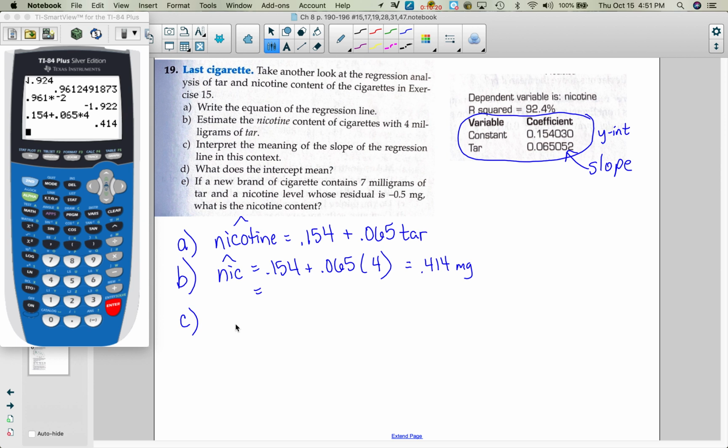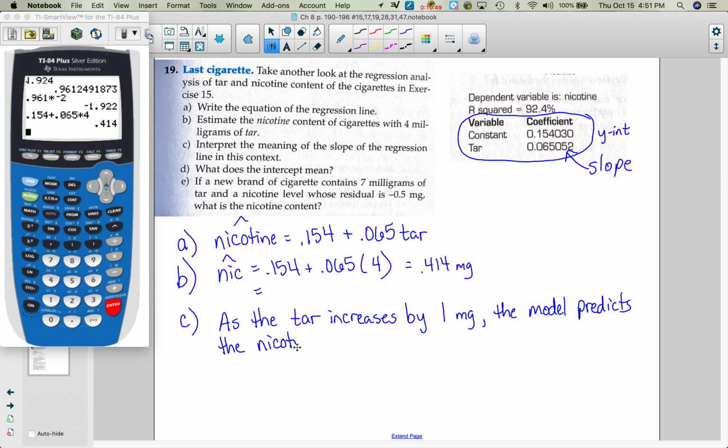Part C says, interpret the meaning of the slope of the regression line in this context. Okay, so remember what we've talked about. As the explanatory variable, which is tar, increases by 1 unit, which is milligrams, the model predicts the nicotine content to increase by about whatever the slope is, 0.065 milligrams.